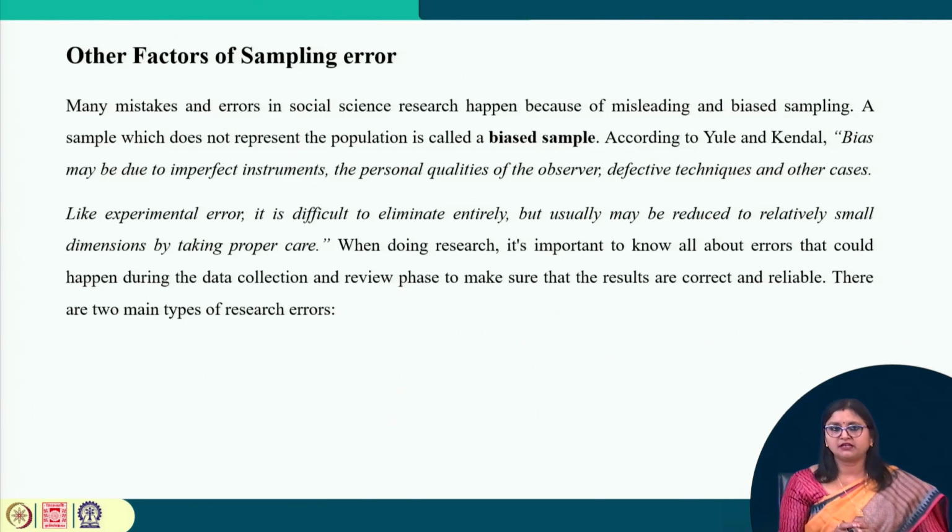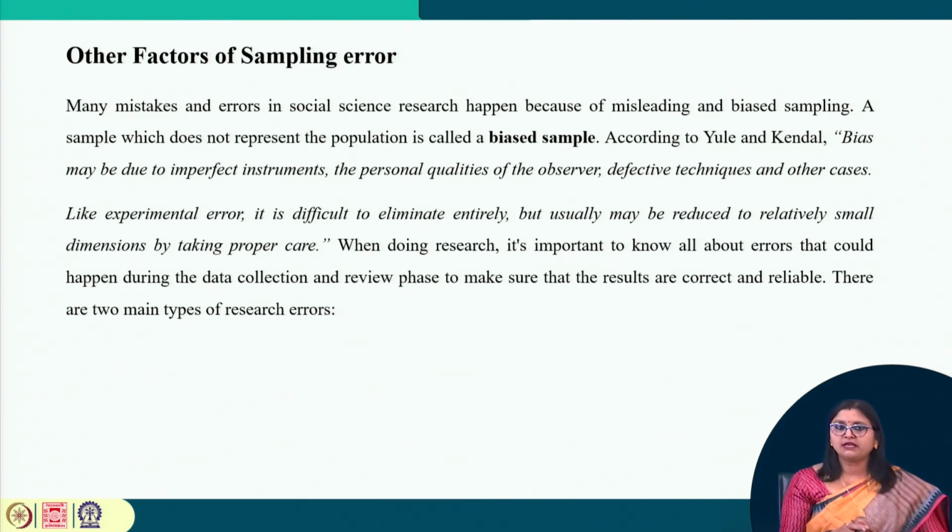Like experimental error, it is difficult to eliminate entirely, but usually it may be reduced to relatively small dimensions by taking proper care. This is said by Yule and Kendall. When doing research, it is important to know all about errors that could happen during the data collection and review phases to make sure that the results are correct and reliable.